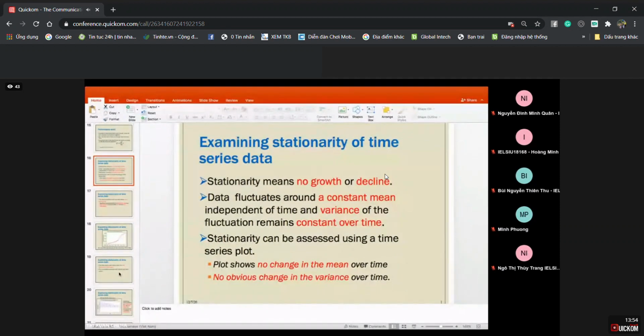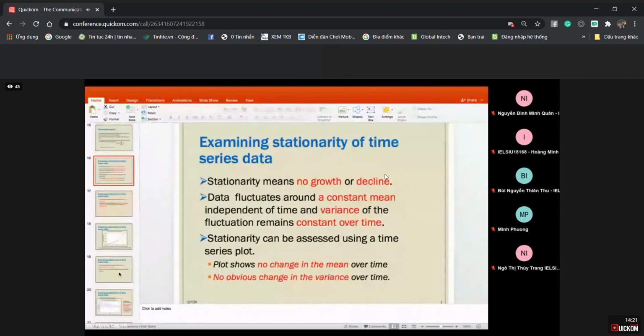So for stationarity, if you want to examine whether the data is stationary or not, there are several things you should consider. So you test for stationarity.